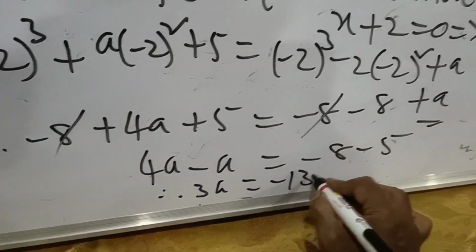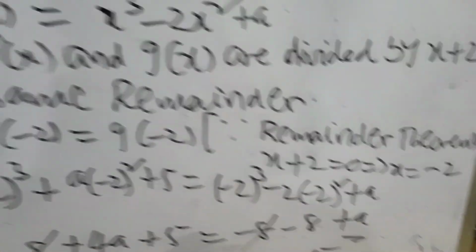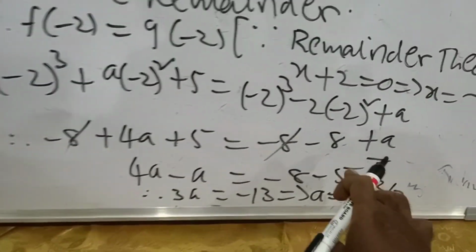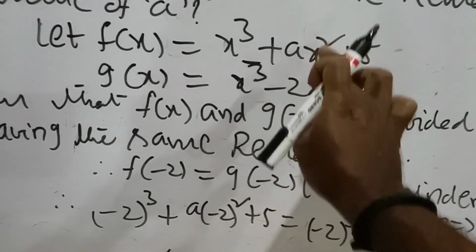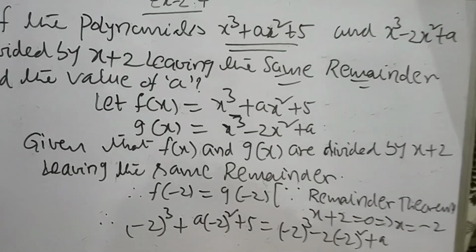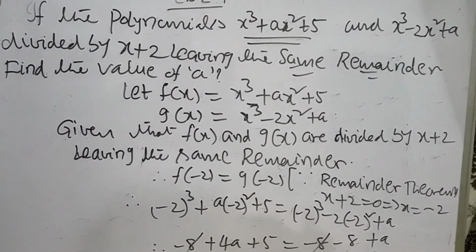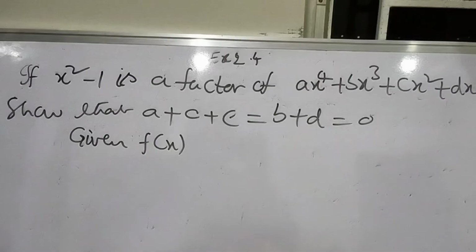So 3a is equal to minus 13. A is equal to minus 13 by 3. So when these two polynomials are divided by x plus 2 with the same remainder, the value of a should be equal to minus 13 by 3.